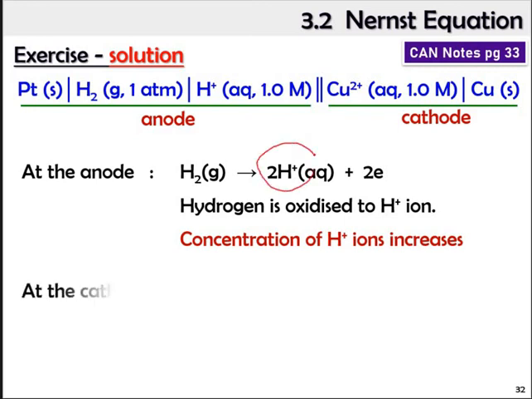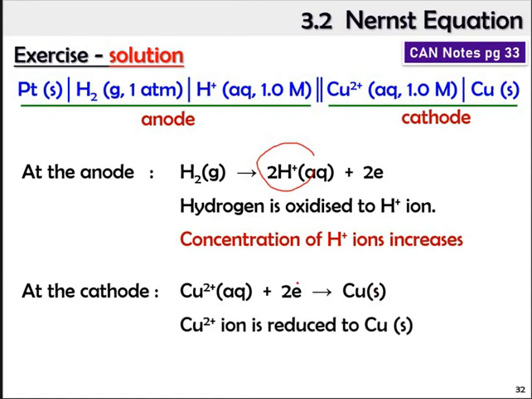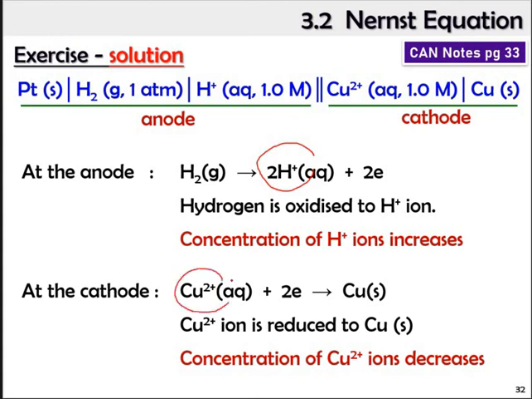At cathode, Cu2+ accept 2 electrons to produce copper solid. So copper ion is reduced to Cu solid, so the concentration of Cu2+ ion decrease. Okay, so ion ni decrease. So dia soalan dia tanya what happen kan the concentration. So maksudnya dia akan decrease sebab dia di bahagian reactant. So lama kelamaan yang ni akan deposited lah sebab dia menghasilkan copper solid. Okay.